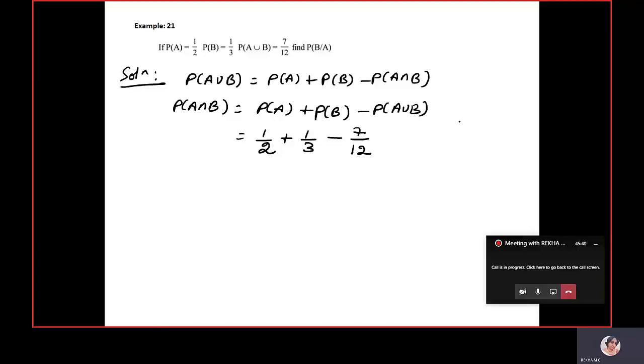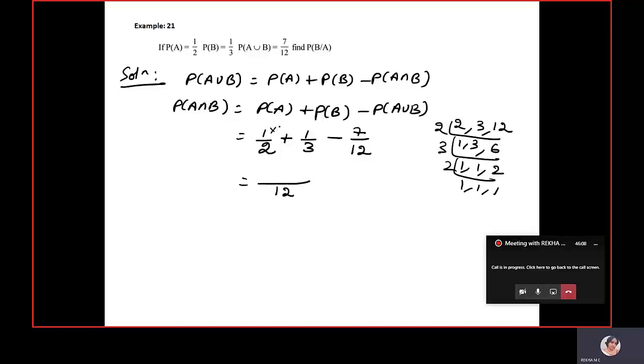So now find out the LCM for 2, 3 and 12. So 12 is the LCM.